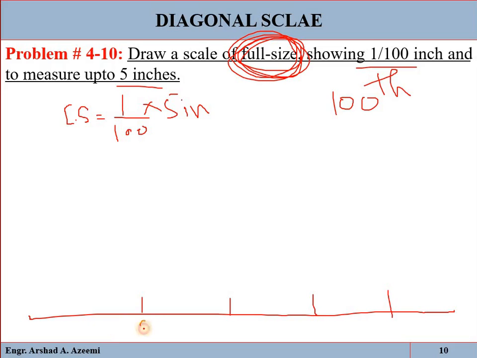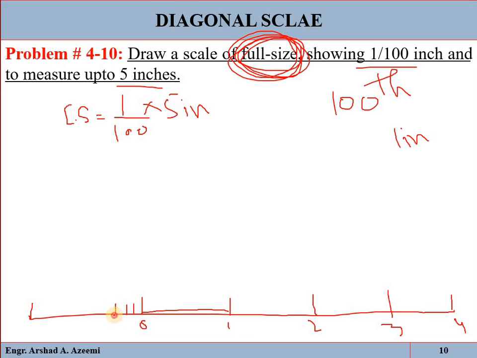So that is 0, 1, 2, 3 and 4. If we draw a 5-inch line and divide it into 5 parts, each part will represent 1 inch. Now divide the first portion into 10 parts.